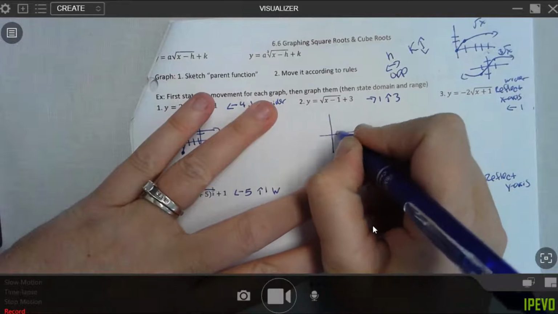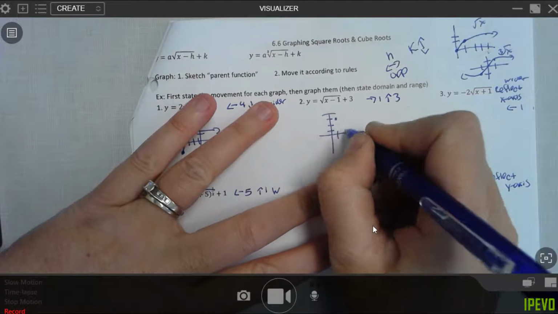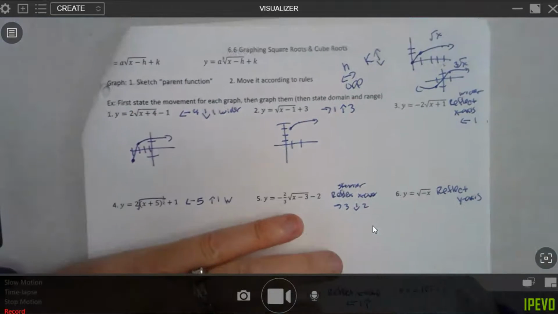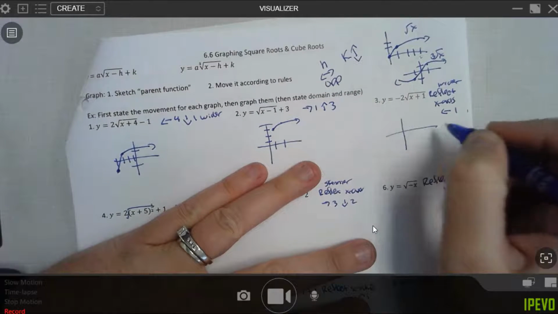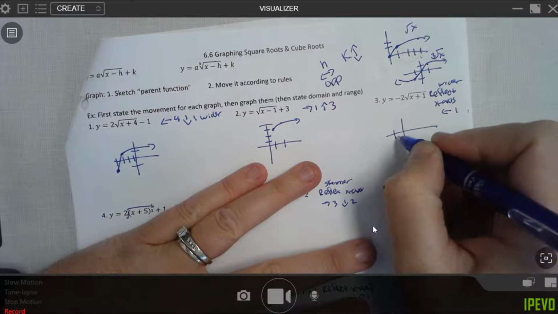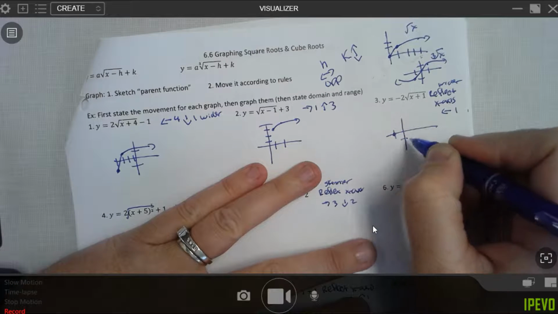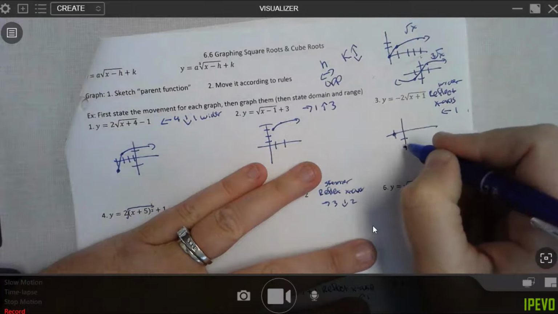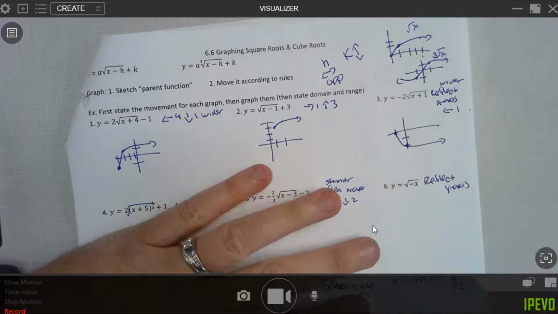So right 1, up 3. This is a normal one over, one up. So my reflection means that it's this shape first. Okay, so I'm going to go left 1 for the reflection, and then it goes 2 to get to the next point.